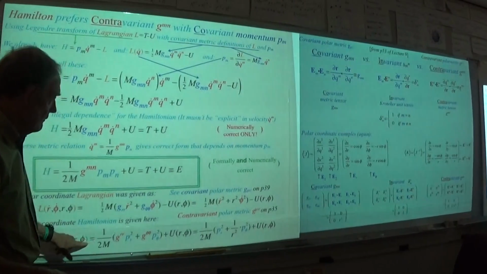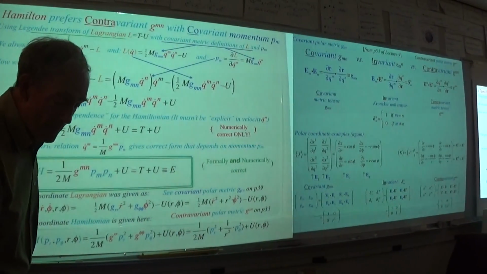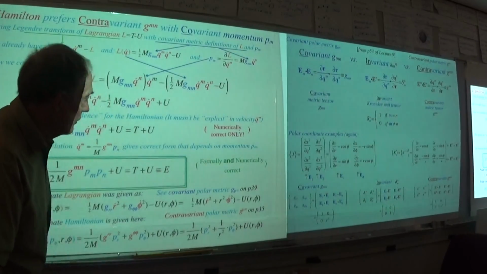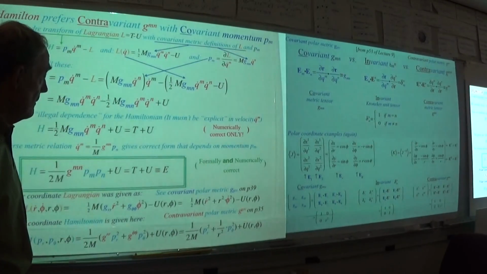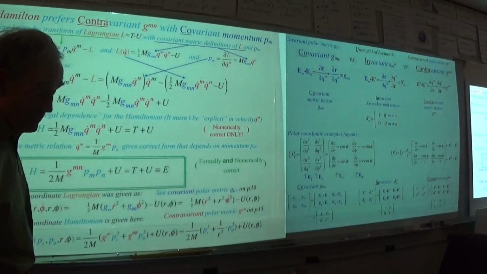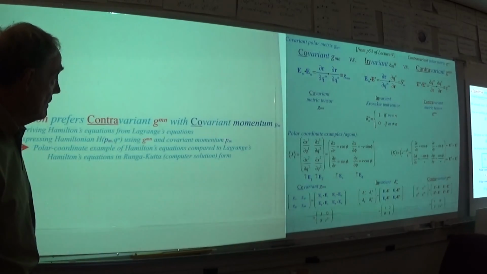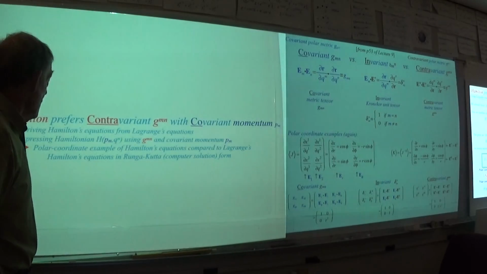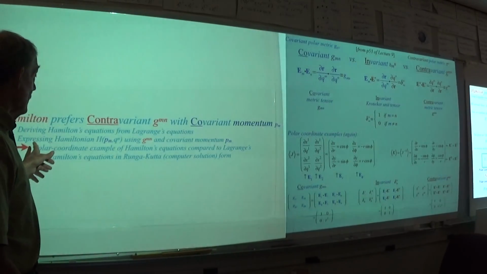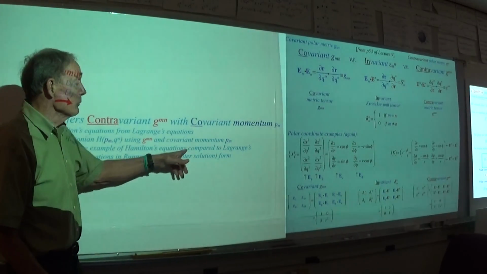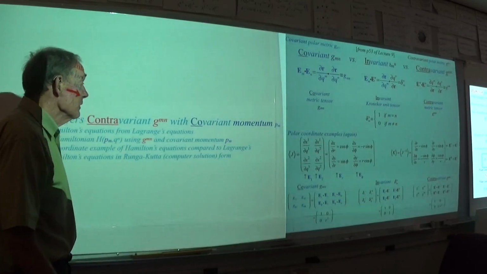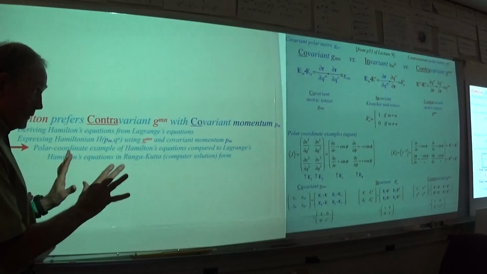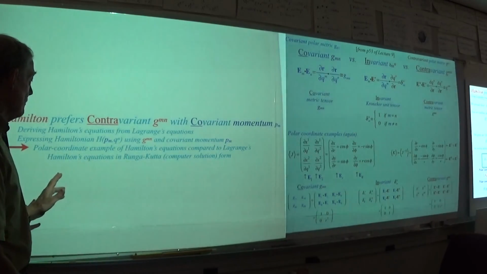Not so easy for this, and that's because we've got these inverse, contravariant metric coefficients multiplying the momentum. So we're going to go ahead and get through that. The main point is that Hamilton's equations, compared to Lagrangian's, are more complicated, more algebra, even for this simple polar coordinate system.